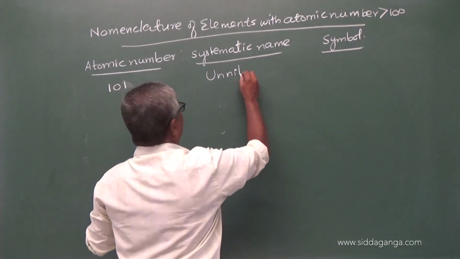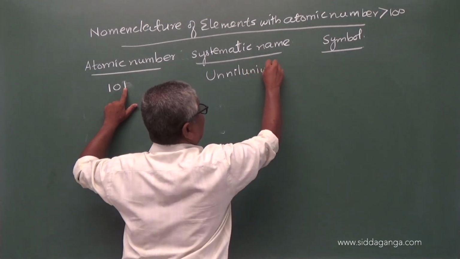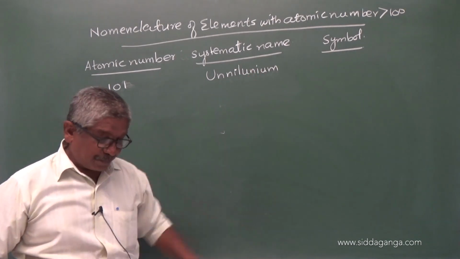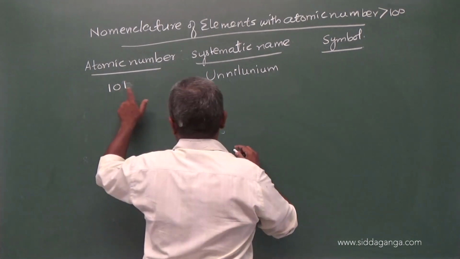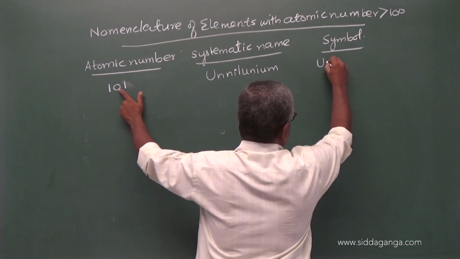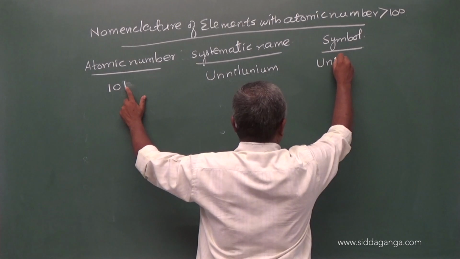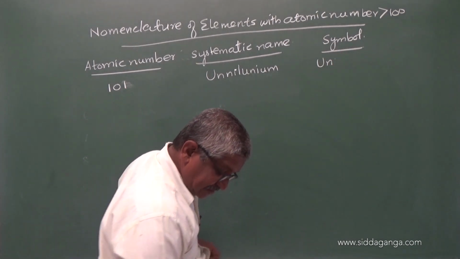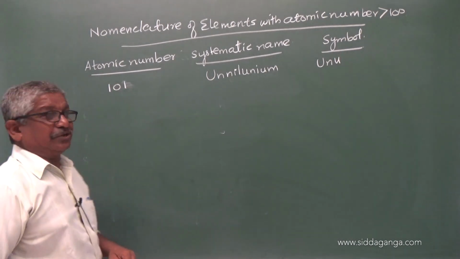Un nil, another 1 is coming, un. Last three letters I told you: IUM. Unnilunium is the systematic name. For 1 it is capital U, 0 it is small n, and 1 it is small u: UNU.